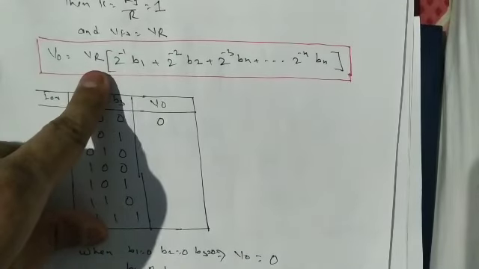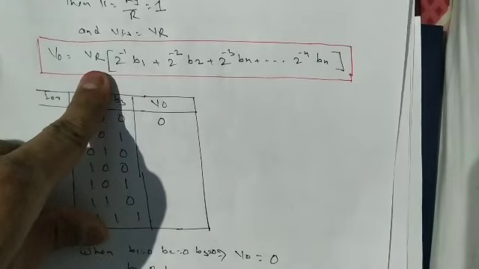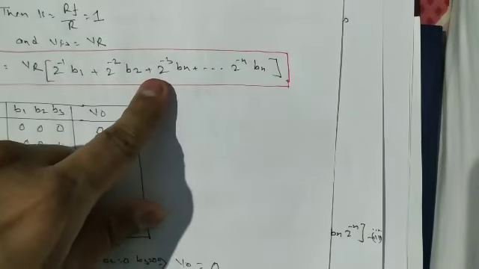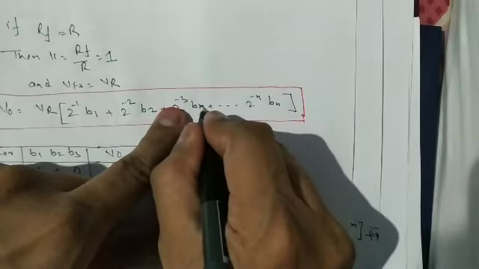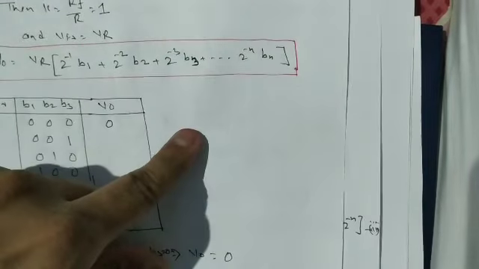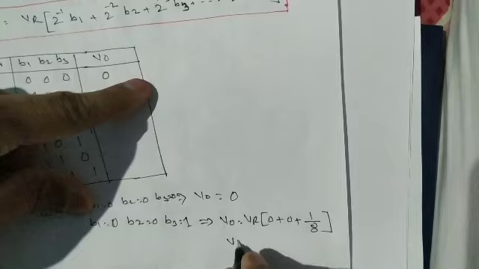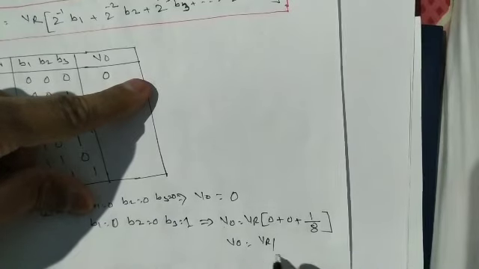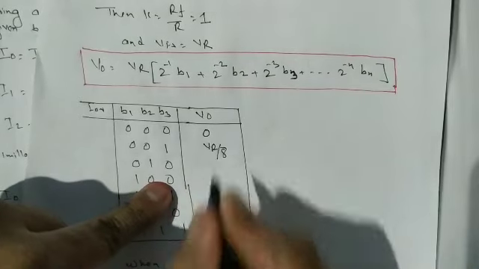VR times 0 plus 0 plus 2 to the power minus 3, that is 1 by 8. That will be B3, sorry. Then V0 equal to VR by 8.